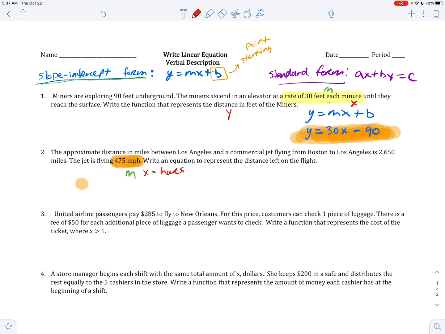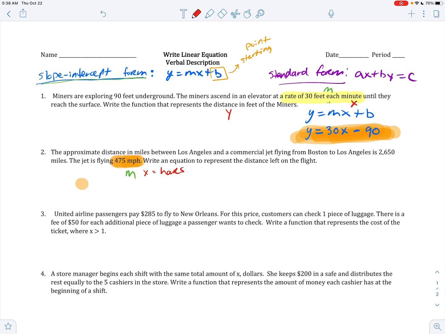All right, then it says the approximate distance in miles between Los Angeles and a commercial jet flying from Boston to Los Angeles is 2,650 miles. All right, cool. And the jet is flying 475 miles per hour. Write an equation to represent the distance left on the flight.